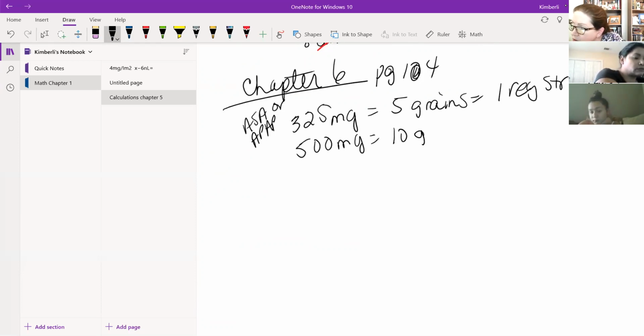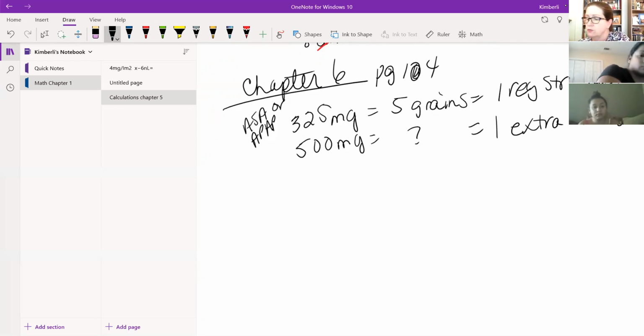It's not 10, it's a weird number. How much is that? Okay, well, never mind. It's 7.69 grains. And that's the extra strength. So the extra strength is not going to give you the grain anyway, because it comes out to 7.6 something or other. So it can get confusing.